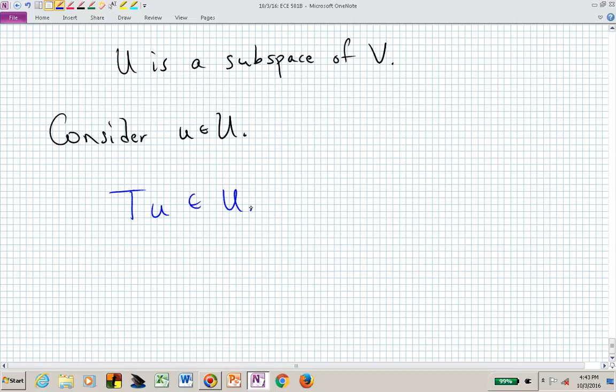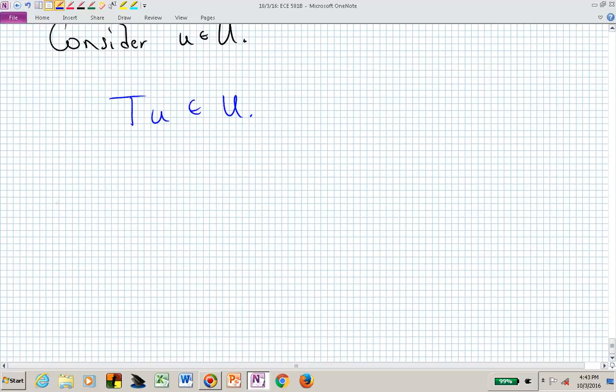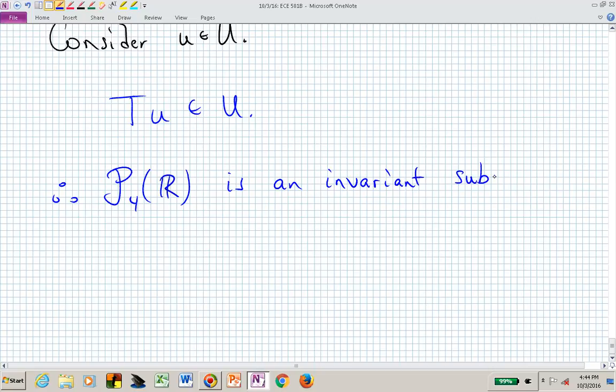This now returns us to U, which means then, therefore, this subspace of fourth order polynomials is an invariant subspace of the underlying vector space P7 under that particular linear map, which was differentiation.